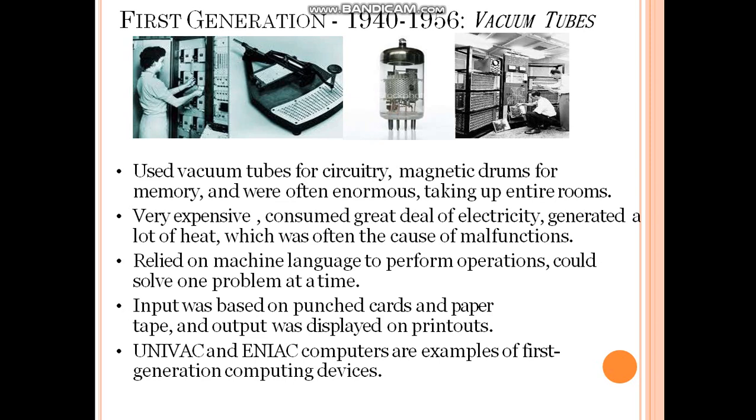So in first generation of computer, the major technology that we are going to use is vacuum tubes. For memory, it used magnetic drums. And these are the huge computers. They fill huge rooms. The bigger rooms are filled with one computer.